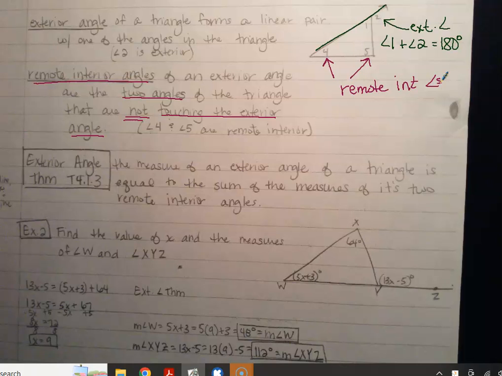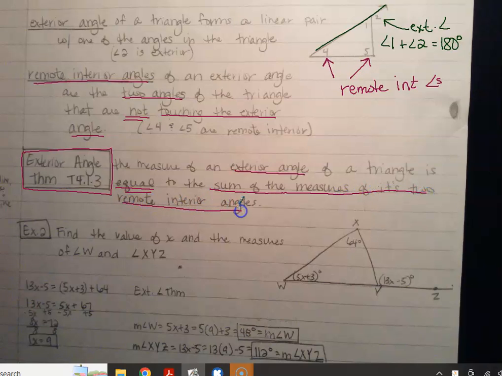Now we have this really awesome theorem, the exterior angle theorem. It's going to relate to these things. It says the measure of an exterior angle of a triangle is equal to the sum of the measures of its 2 remote interior angles. Say what? In this case, that's saying the measure of angle 2 is equal to the measure of angle 4 plus the measure of angle 5.